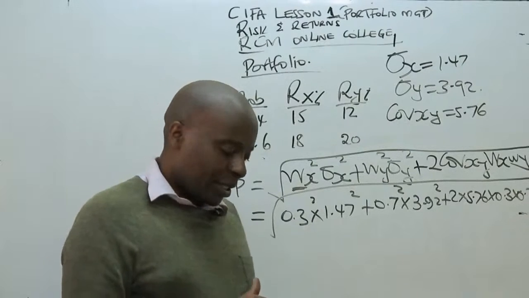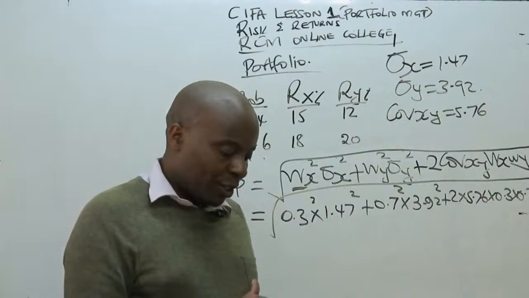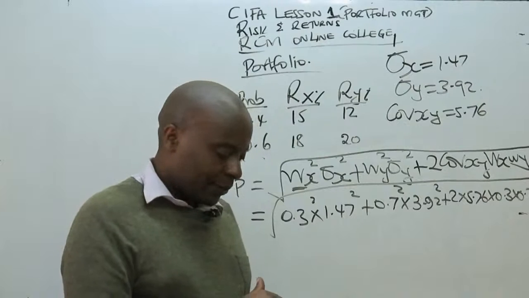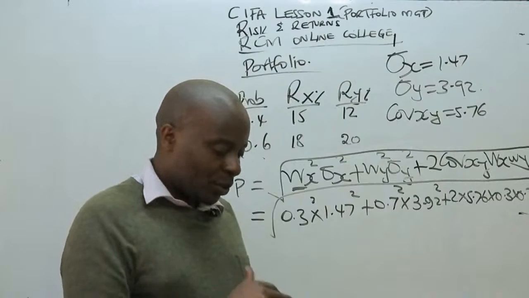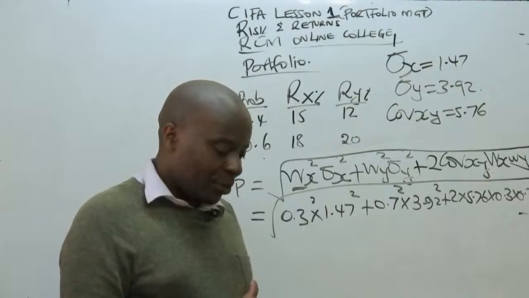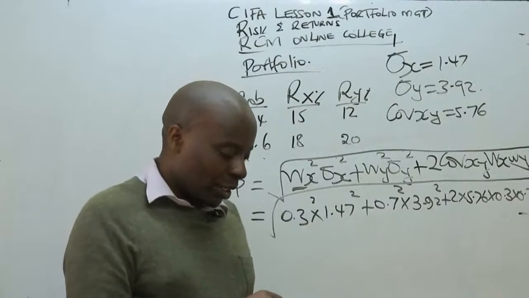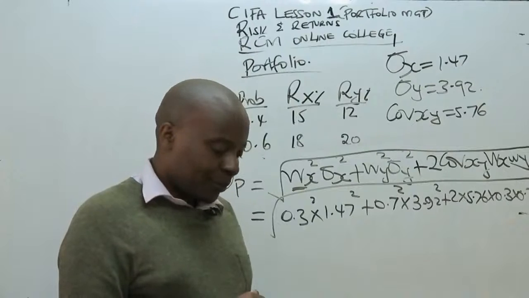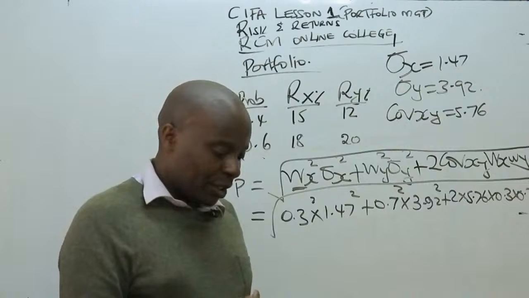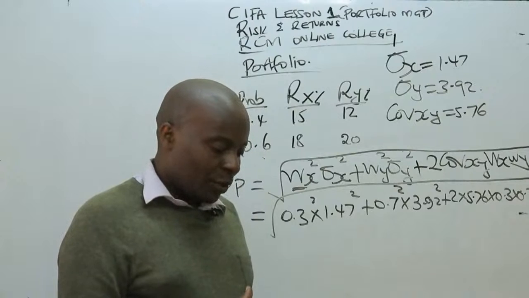I'll do 0.3 squared times 1.47 squared first, plus 0.7 squared times 3.92 squared, plus 2 times 5.76 times 0.3 times 0.7.